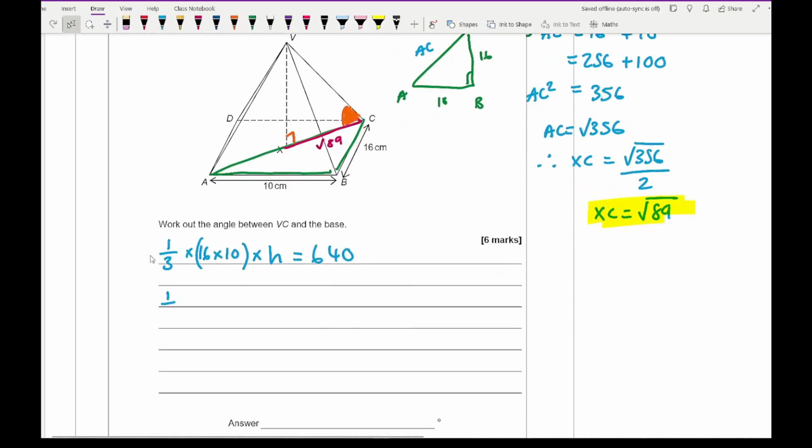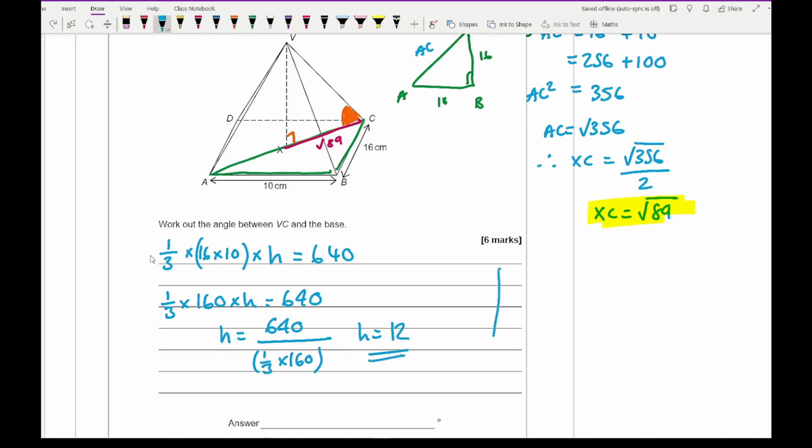So then I've got a third times 160 times h equals 640. So h equals 640 divided by a third times 160. Now you might have written that in a completely different way, but as long as you get the right value of h, it's all good. So 640 divided by 160 divided by 3, and I get an answer of 12.